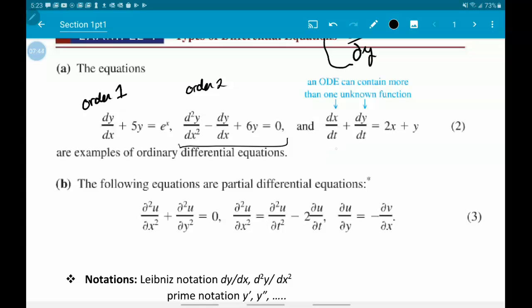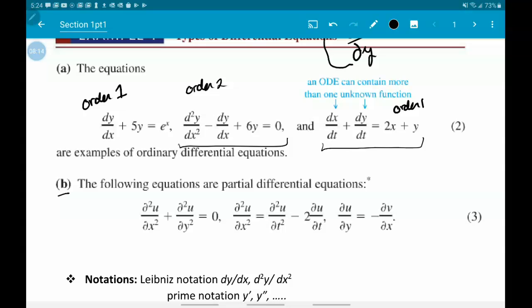And then if we look at this third example, notice I have a derivative of x with respect to t and a derivative of y with respect to t. There's only one independent variable, so this is an order 1 ordinary differential equation. We can have two unknown functions that we're trying to find. And in fact, we're going to see something similar to that when we talk about systems of differential equations.